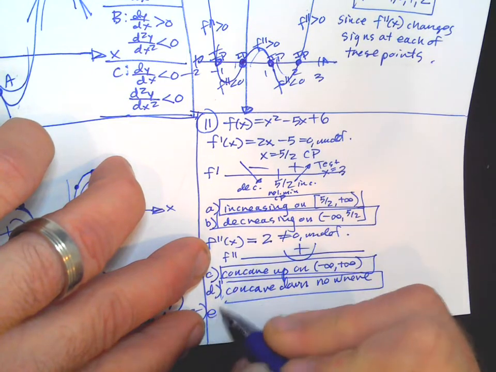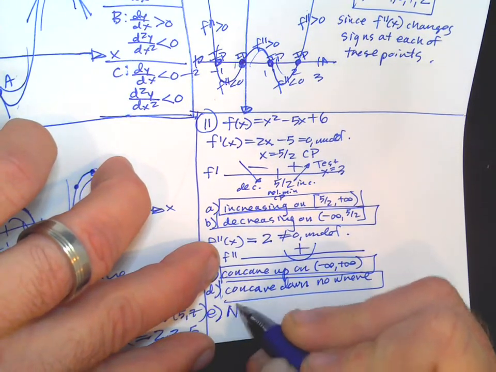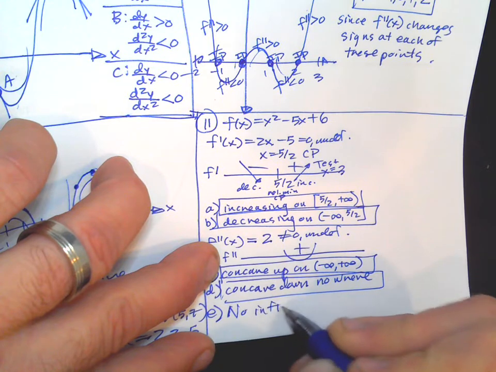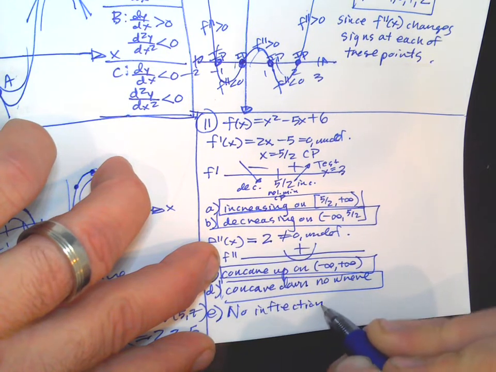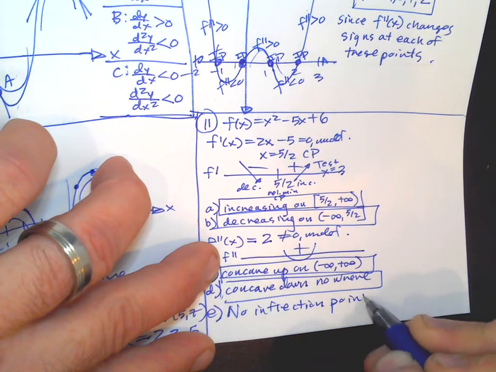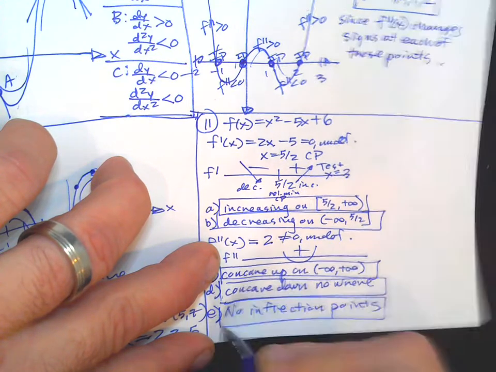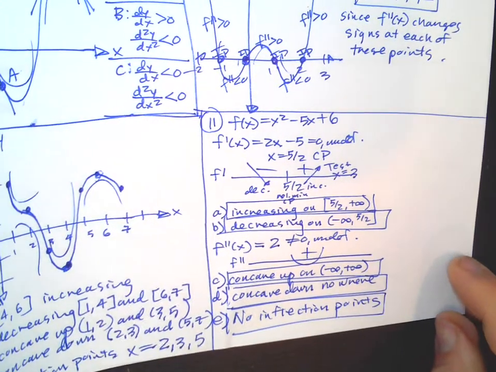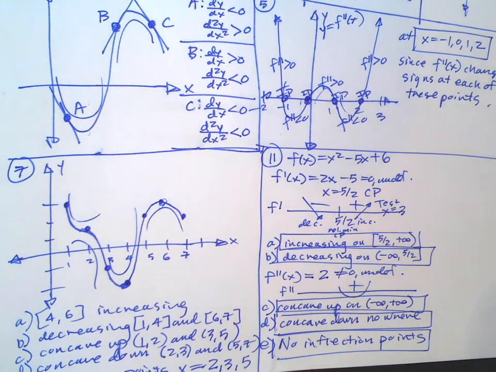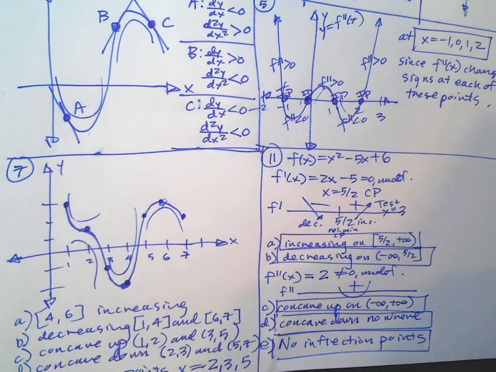And E, inflection points, there are no inflection points. Concavity never changes. So we're going to do that on, I think, the next few problems also.